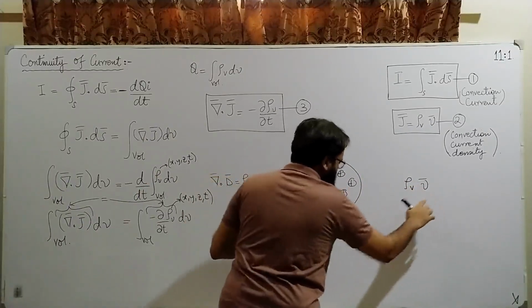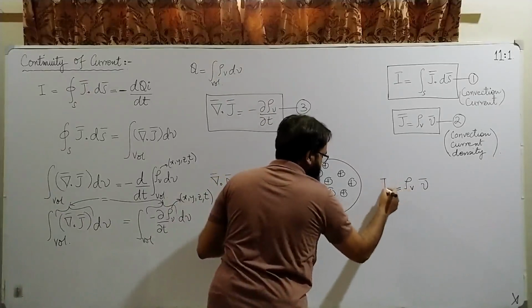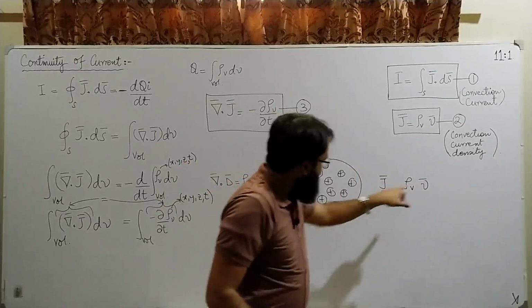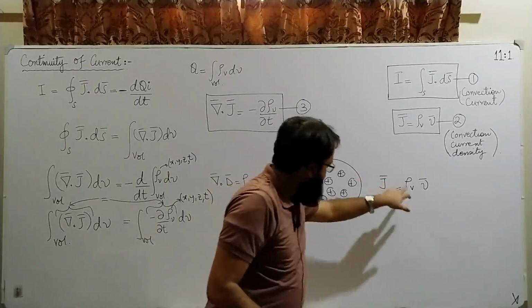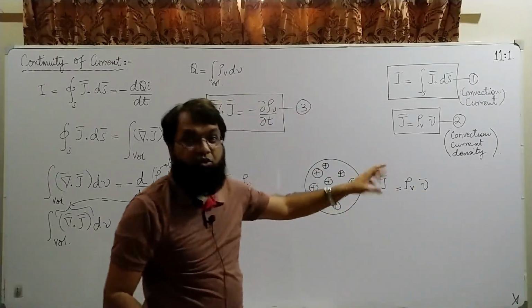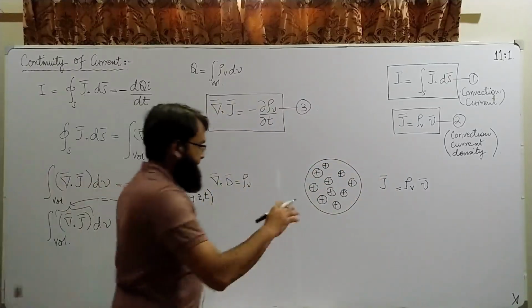If we take the product of these two entities, we get current density. Now this is charge and this is movement, so charge density and movement combined together give us something which should be current, because whenever there is movement with charge, there is current.